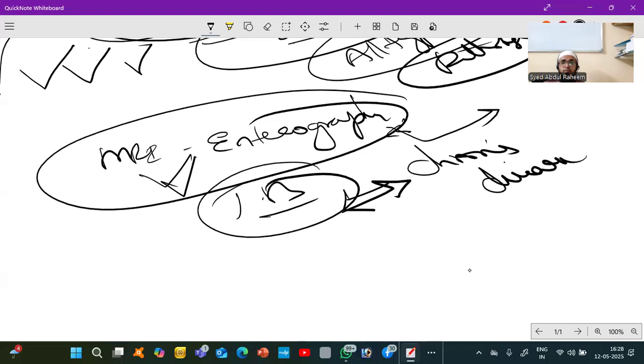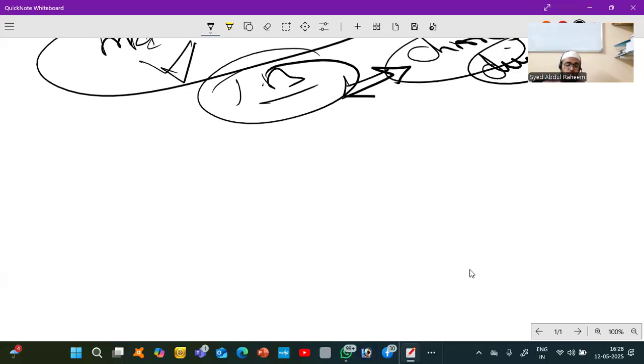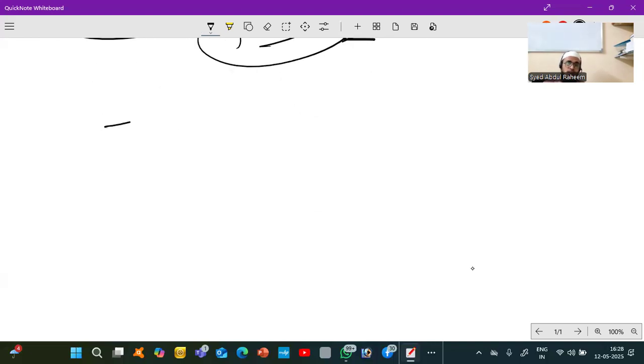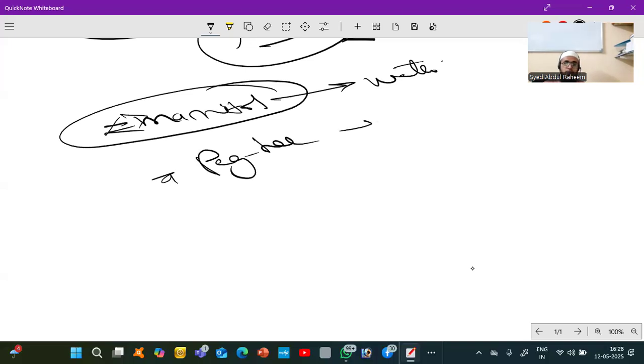In that, what will happen? Two types of fluid can be advisable. One is mannitol, which absorbs the water. It is an osmotic diuretic. Next is PEG. That also absorbs water.